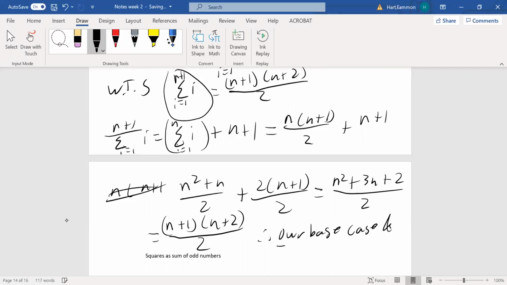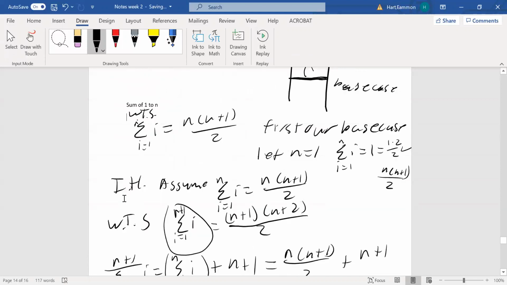So therefore our base case and inductive hypothesis hold. And for n greater than or equal to 1, we could actually have done this for 0, but we did it for 1, the sum of i from i equals 1 to n is equal to n times n plus 1 over 2.